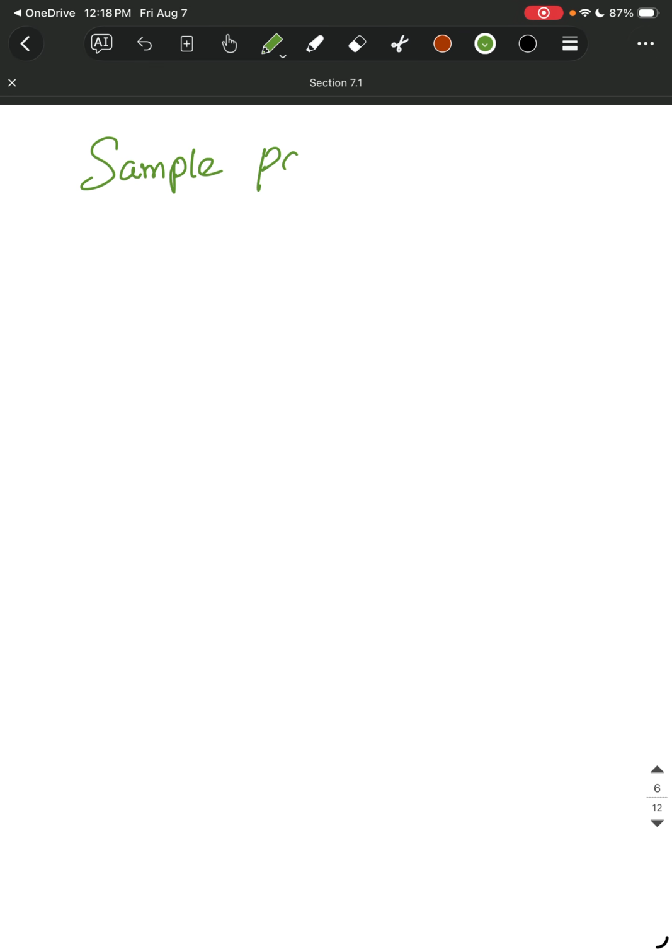A sample point is a single possible outcome of an experiment.